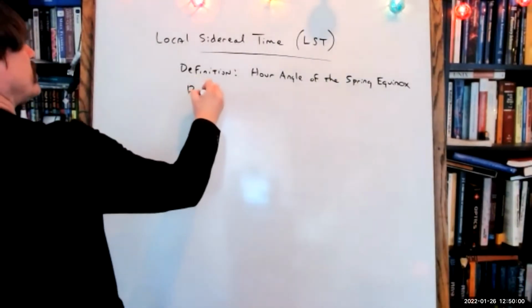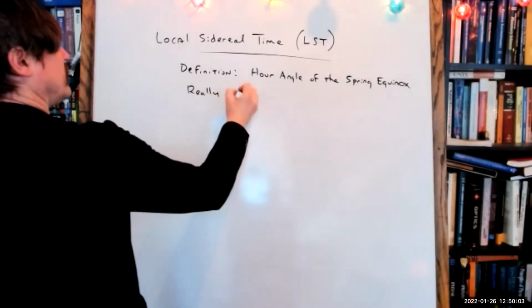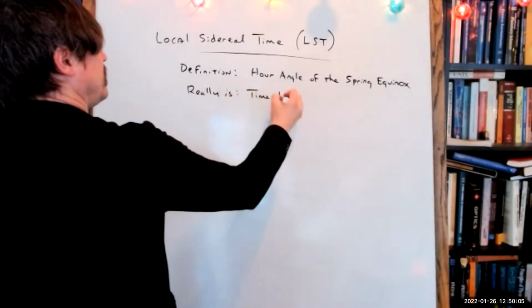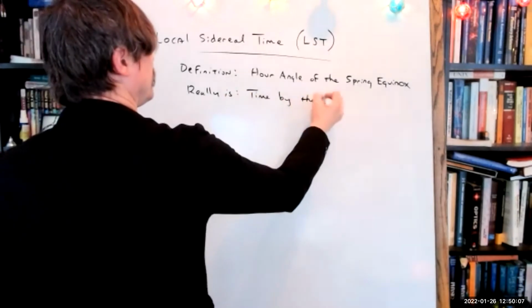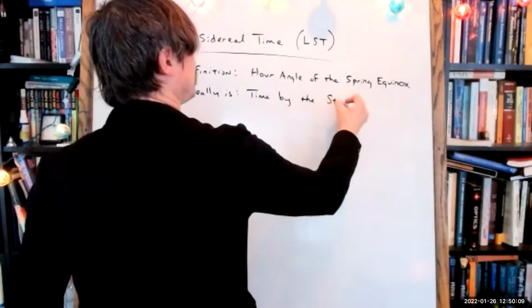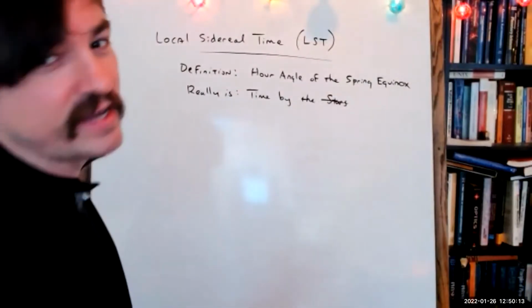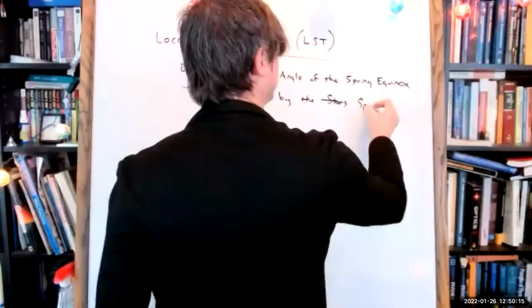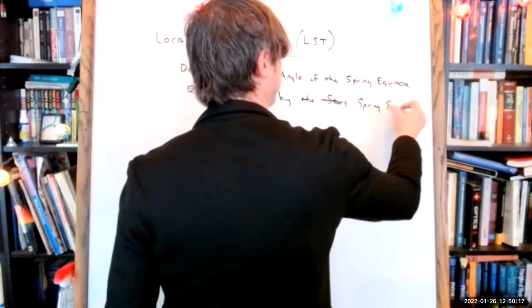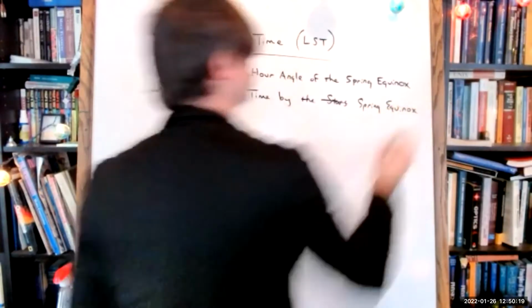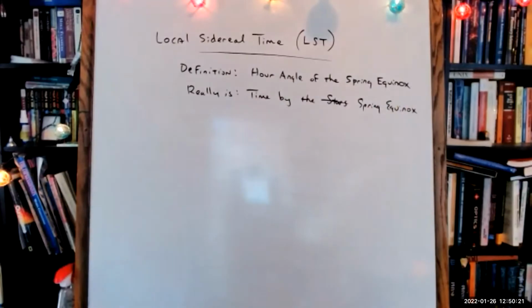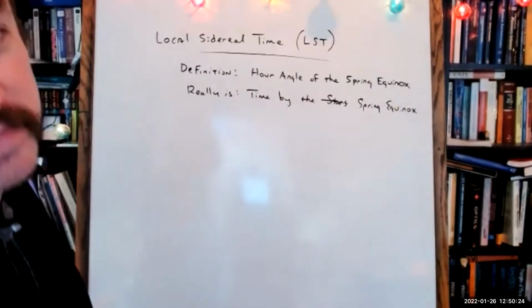What it really is, is time by, well, I want to say stars, but we didn't actually choose a star to track. Instead of tracking a star, we're going to track the spring equinox, which is just as good as any other star because it's a fixed point on our celestial sphere.